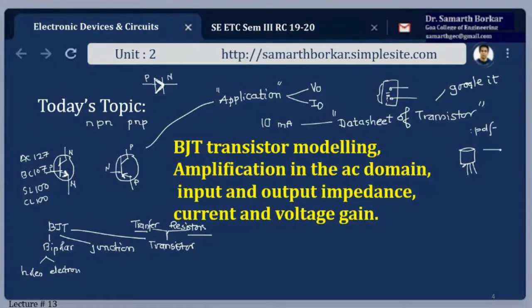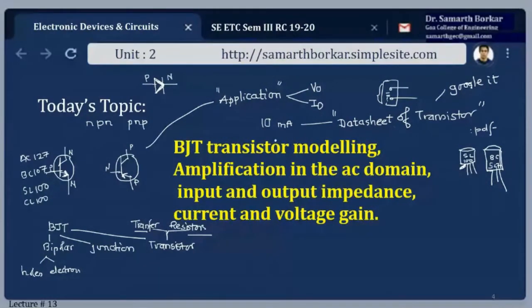Then you have this type of transistor, and there are these serial numbers written over here, BC 547 or SL 100. Fine. And to identify which is the emitter, base and collector, a notch is provided. Now all this information is present in the data sheet.